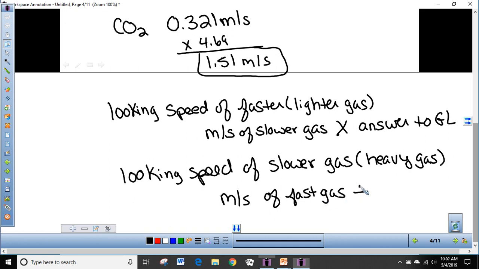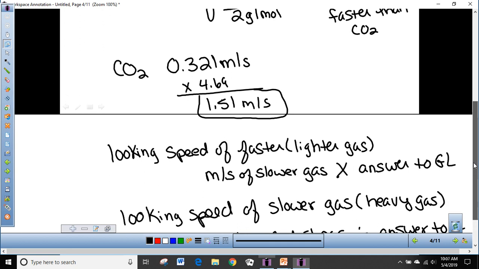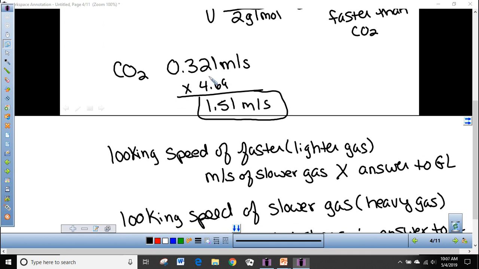And I'm going to divide by the Graham's law answer. So up here, if this had been the speed of hydrogen and I was looking for the speed of carbon dioxide, I would have taken this 0.321 and divided by 4.69. So we would have got a smaller number because we should be getting a smaller speed. So hopefully that makes sense to you.